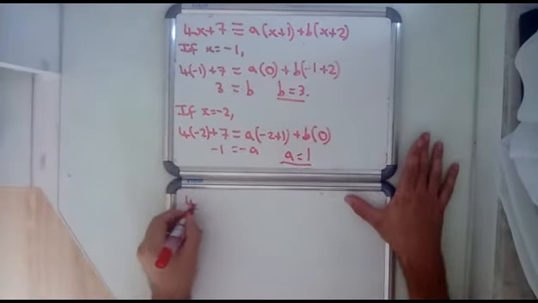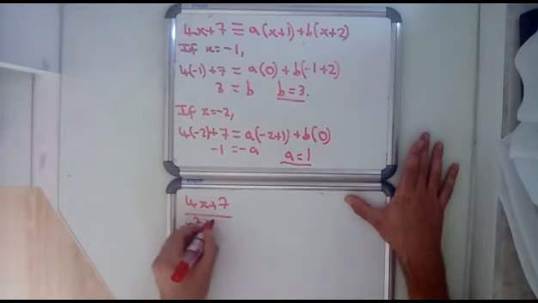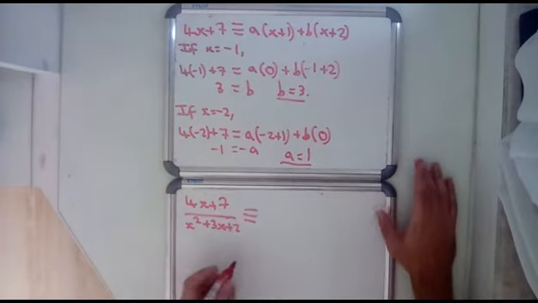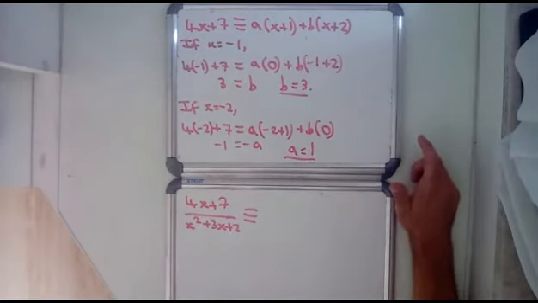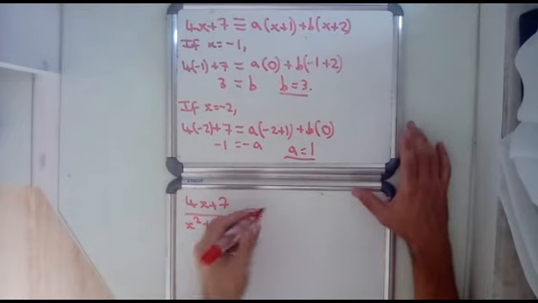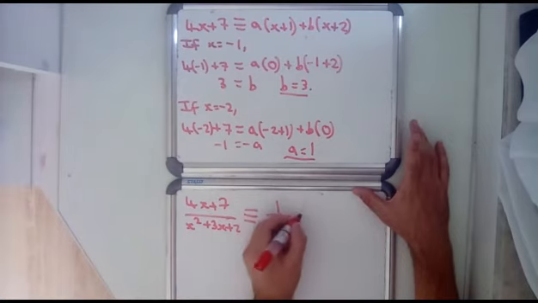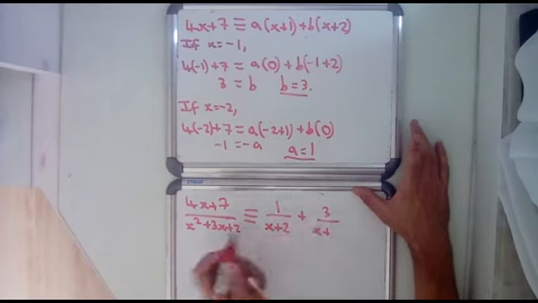So (4x + 7) over (x² + 3x + 2) is identical to A over (x + 2) plus B over (x + 1), with A equals 1 and B equals 3, so it must be identical to 1 over (x + 2) plus 3 over (x + 1).